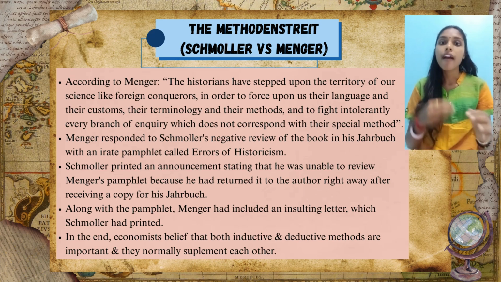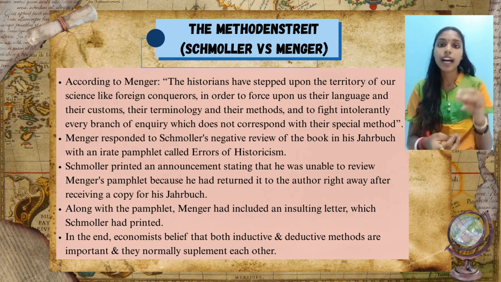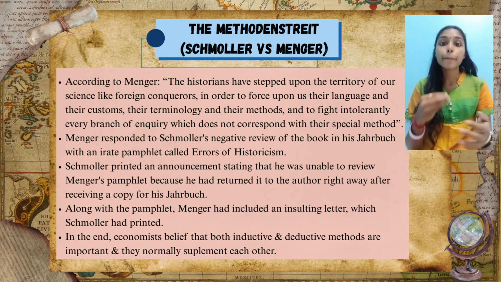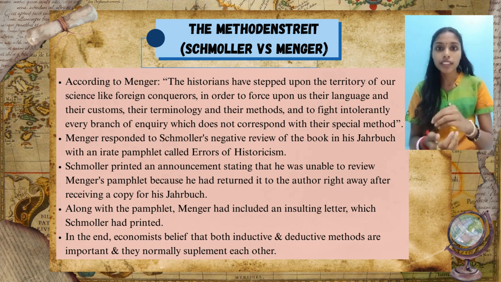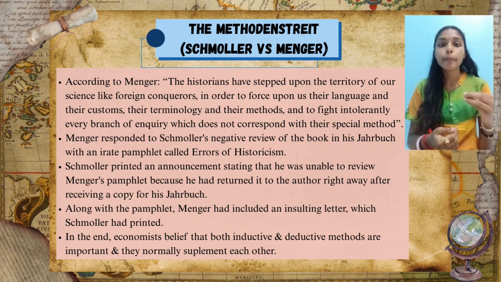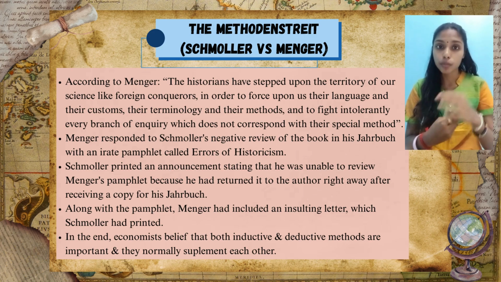Then Menger responded to Schmoller's negative review of his book in his Jahrbuch with an irate pamphlet called Errors of Historicism. Schmoller printed an announcement stating that he was unable to review Menger's pamphlet because he had returned it to the author right away after receiving a copy for his Jahrbuch.